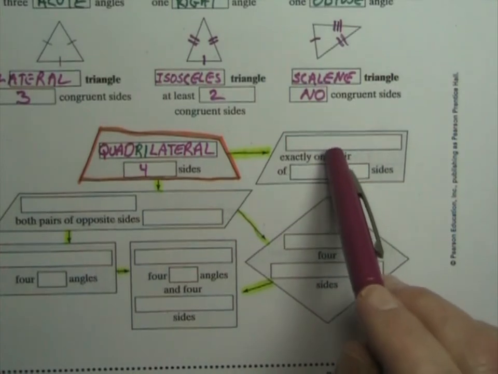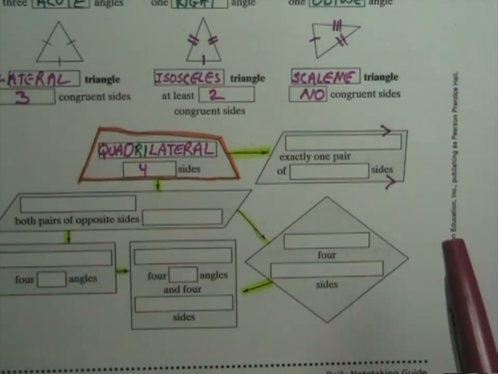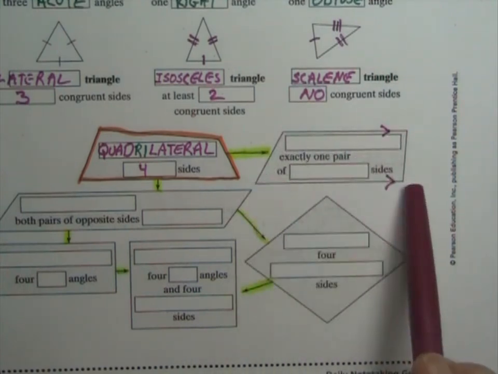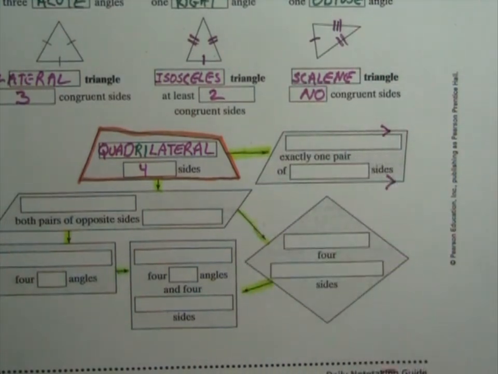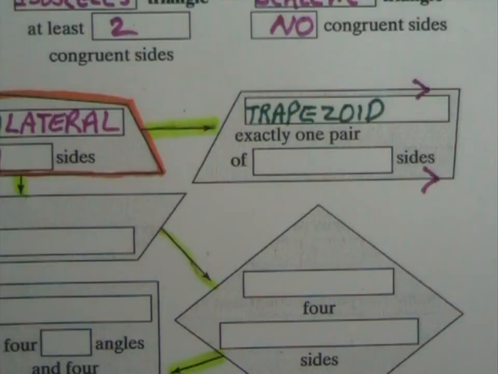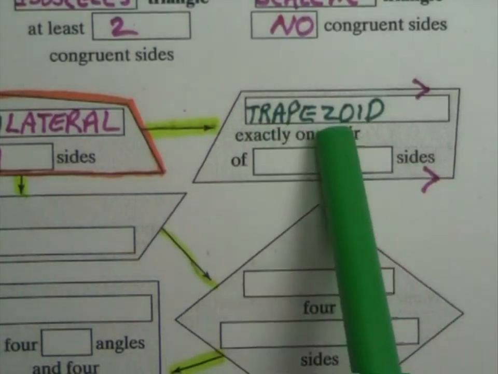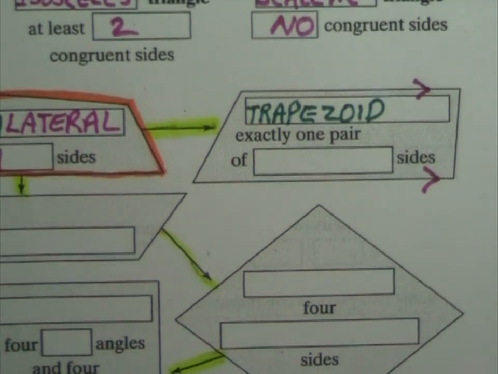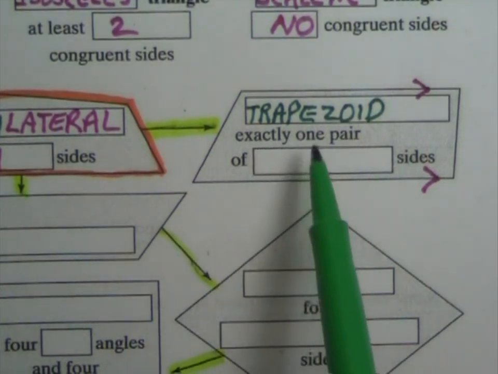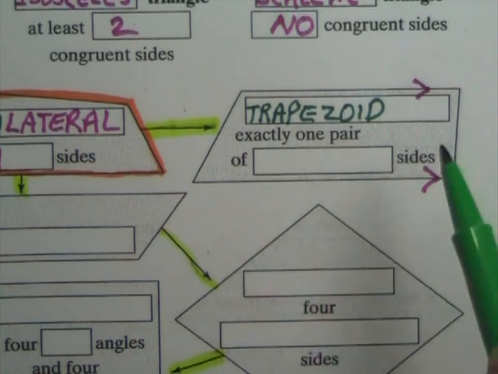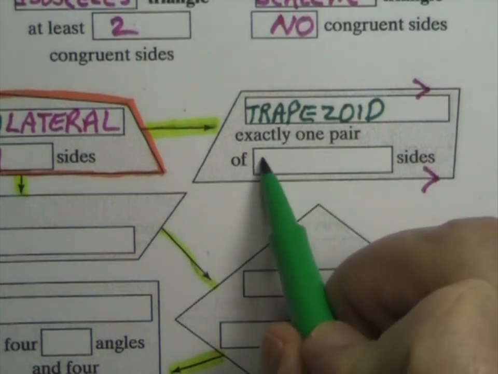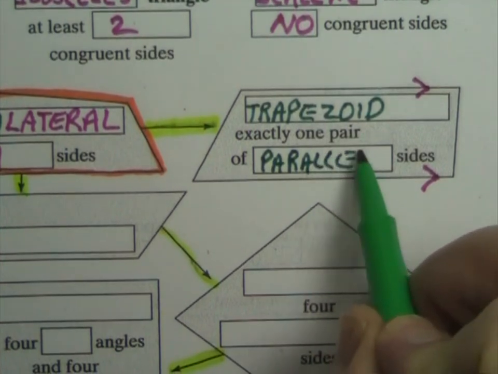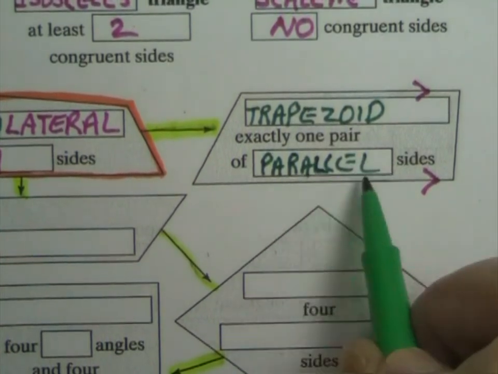So let's go over to this one right here. Now I'm going to go ahead and put these little arrows on here to signify that these 2 sides are parallel with each other. And we call that a trapezoid. Trapezoid. And a trapezoid has exactly 1 pair of parallel sides.